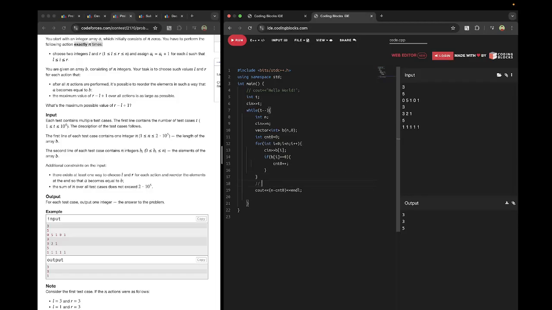Okay. So now it's not that easy. This works if you have a number equal to n.